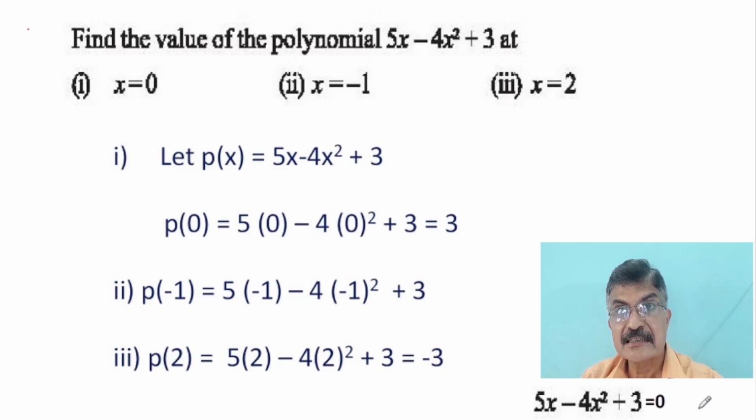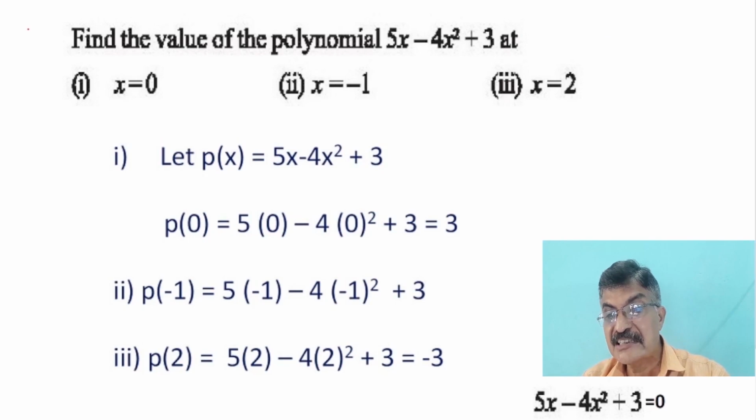An equation contains two expressions on either side of the equal sign. This is one expression, only here 0 is there. This is also an expression. But an expression contains just terms and operations. Another important thing: equations must be solved. This is solved for the value of x.